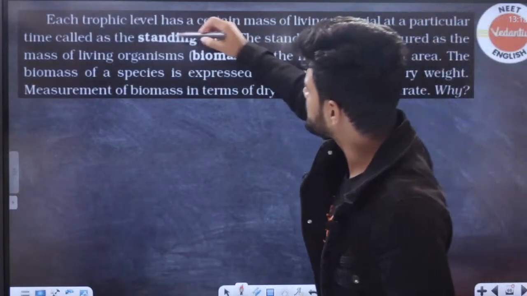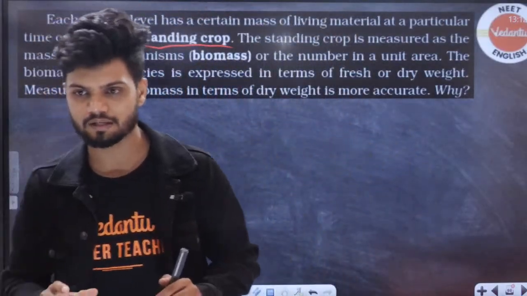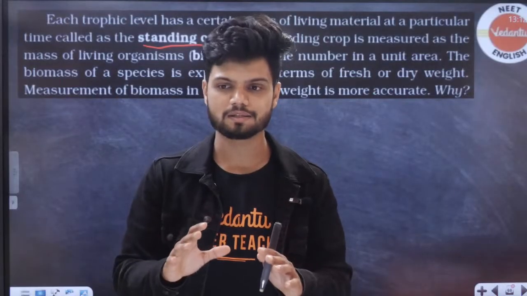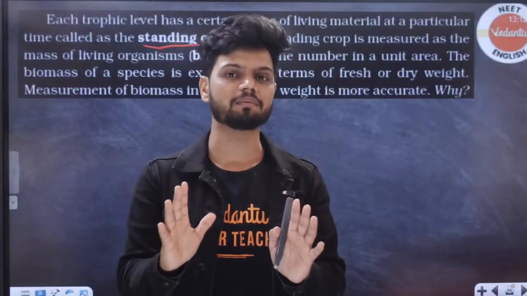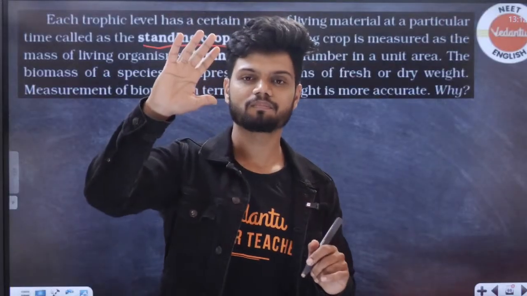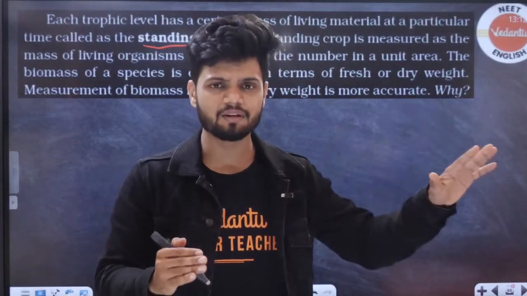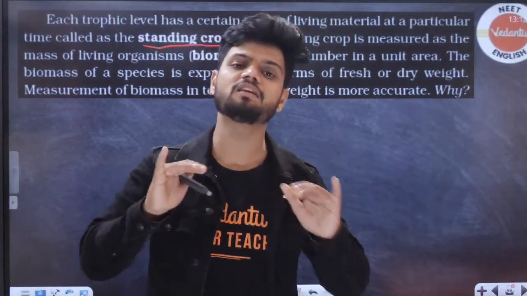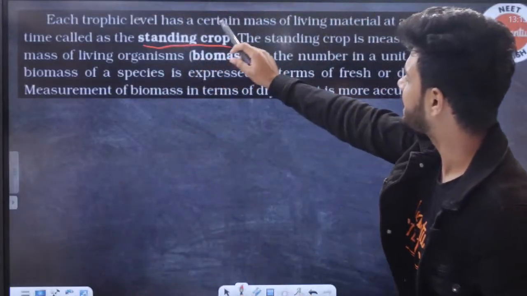Now there is a concept called standing crop. All of you know what biomass is. Biomass available at any point of time is called a standing crop. Standing crop is the biomass at any given time. Each trophic level has a certain mass.